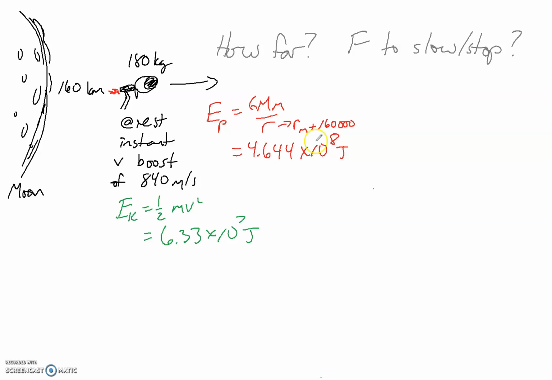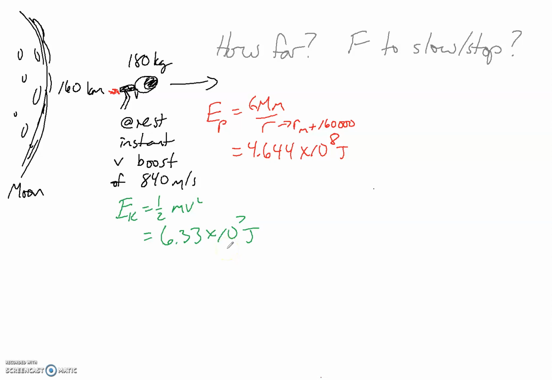Okay, so I know he starts off with this much potential energy and this much kinetic energy, and as he goes further away, his kinetic energy is going to go down because he's going slower, and his potential energy is also going to go down because he's going farther away. I know the two changes are going to be equal. The change in kinetic and the change in potential are going to be equal to each other. So if he's going to go further away, his potential energy is going to get smaller by the same amount as kinetic energy does.